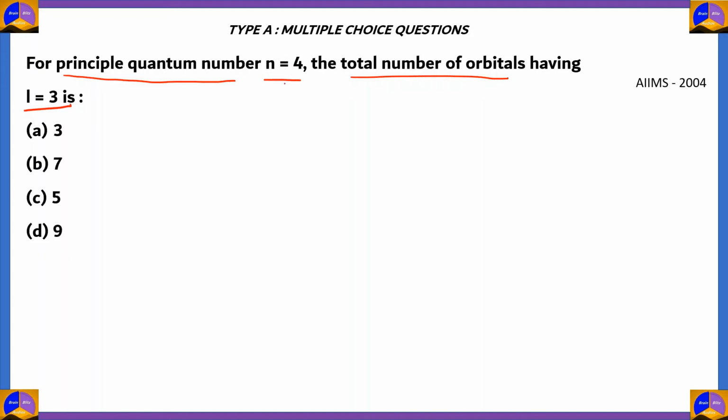So n equal to 4 implies that this subshell is in the fourth shell, and l equal to 3 implies that this is an f subshell. So our subshell in question is 4f. f subshells have 7 orbitals.